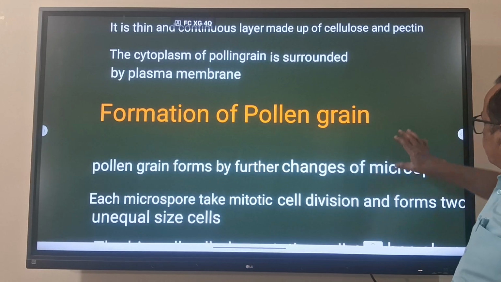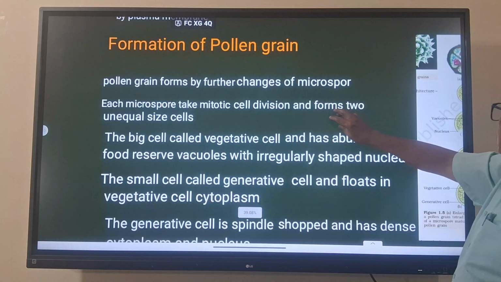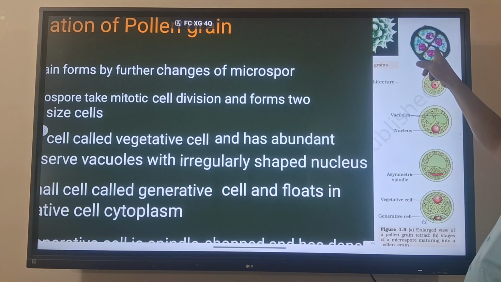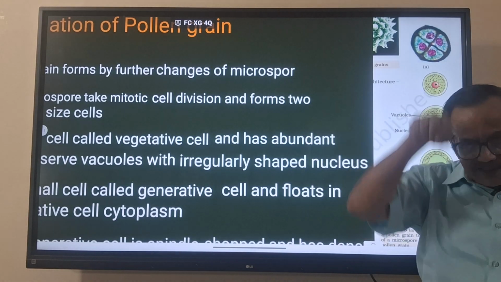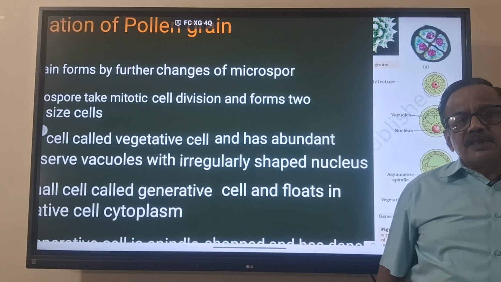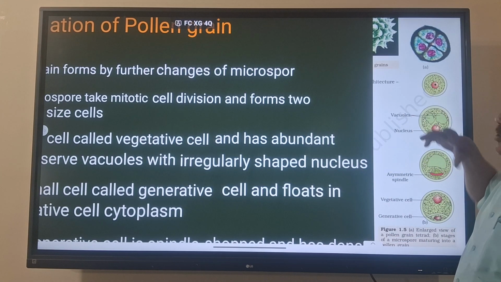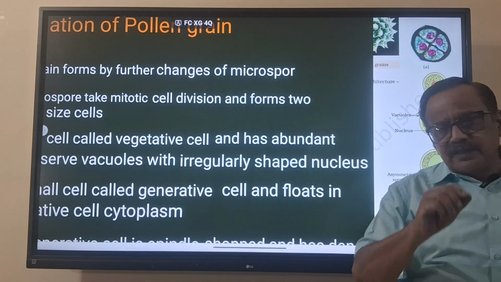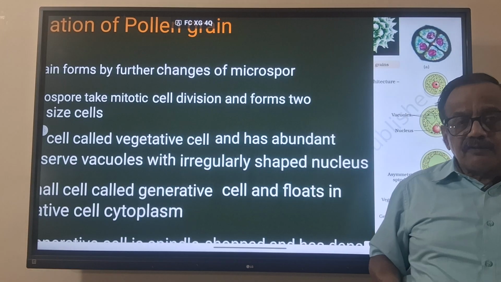These haploid spores are produced from the spore mother cell by reduction division inside the sporangium.